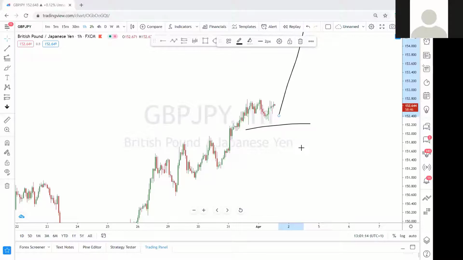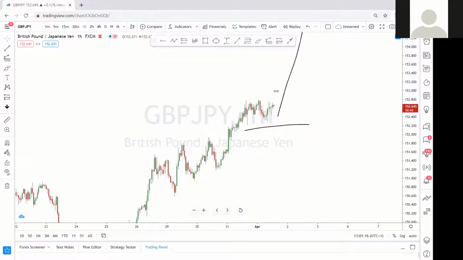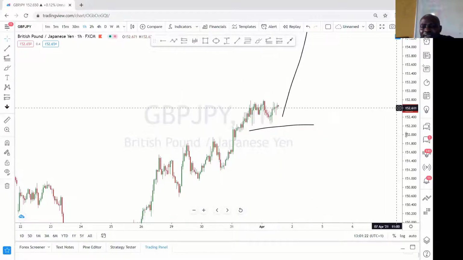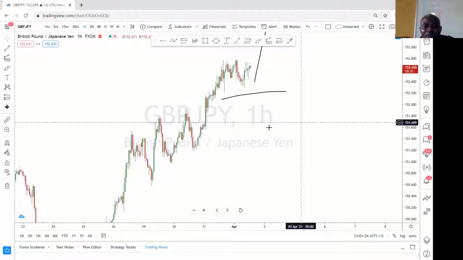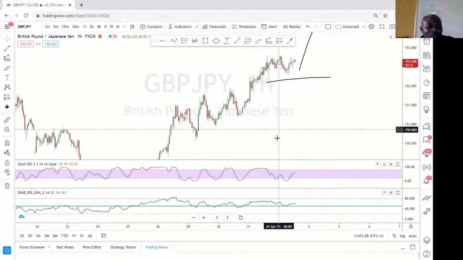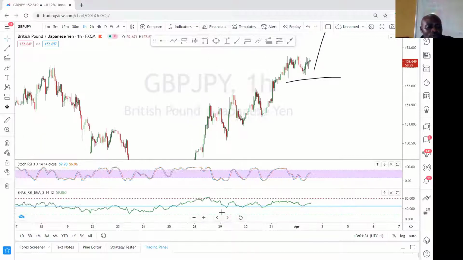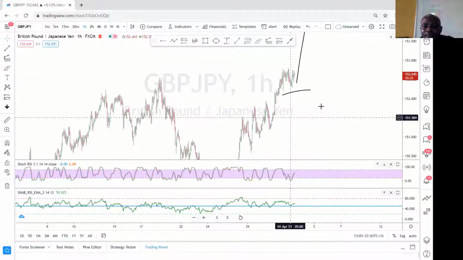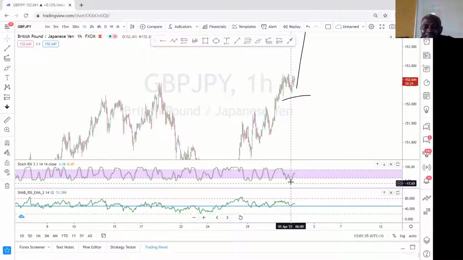You said it could be a buy. What would be the entry point, roughly? GBP JPY. We have said that if you want to enter GBP JPY now, just go to your stochastic. Stochastic is quite nice.